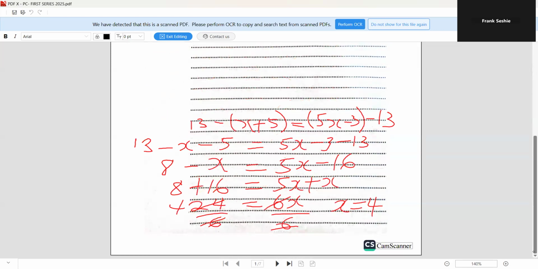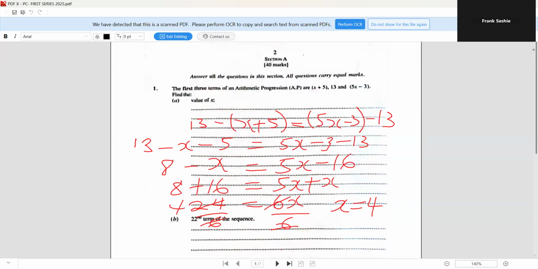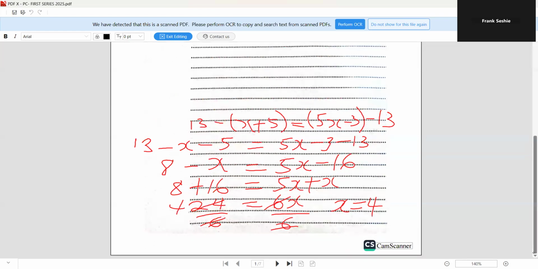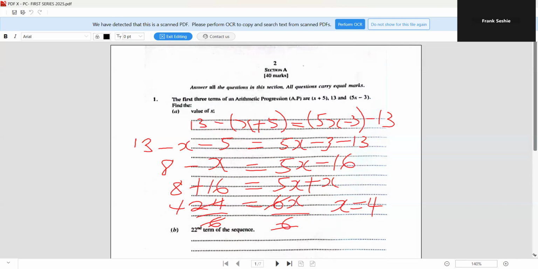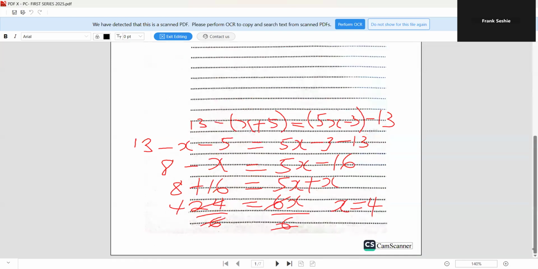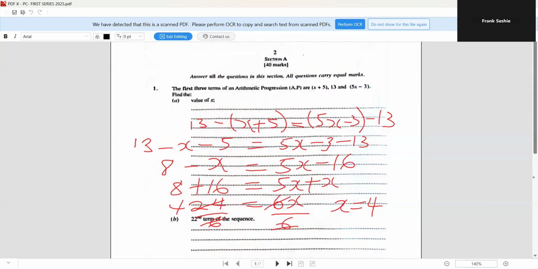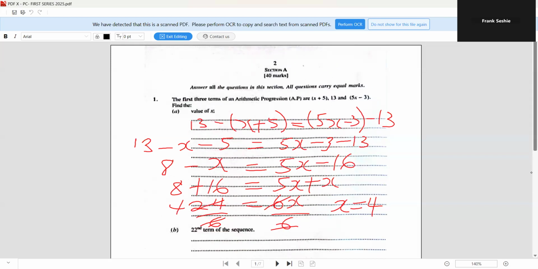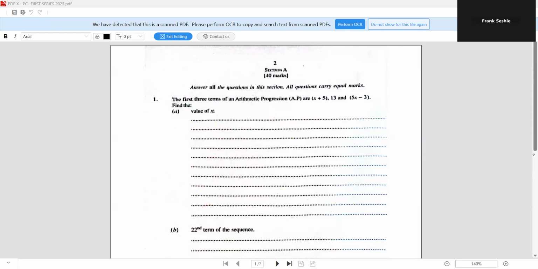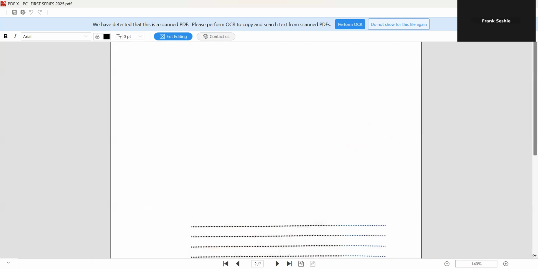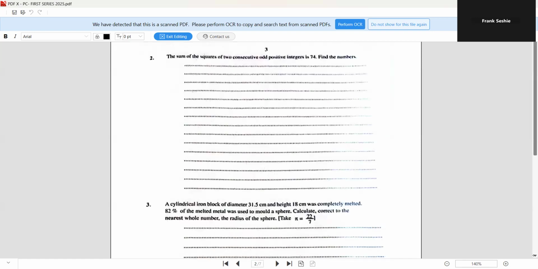Question number 1B. After getting x to be 4, we are asked to find the 22nd term. How do you find the 22nd term?